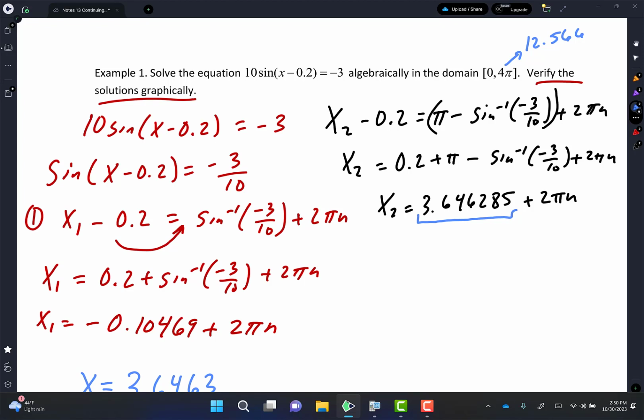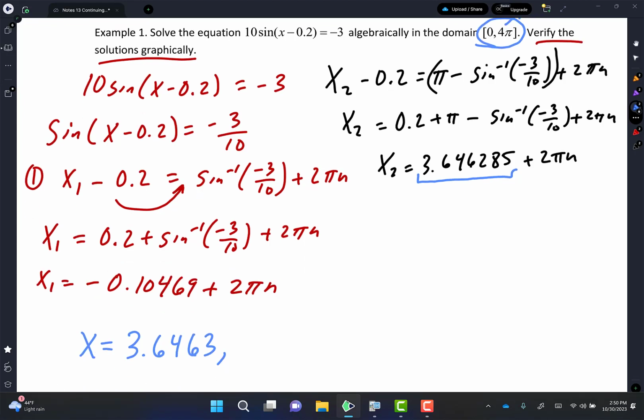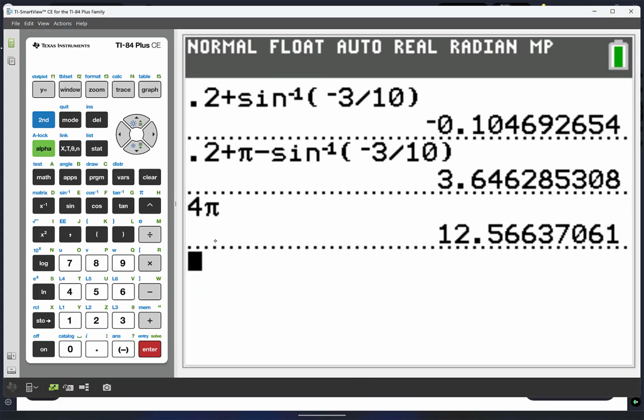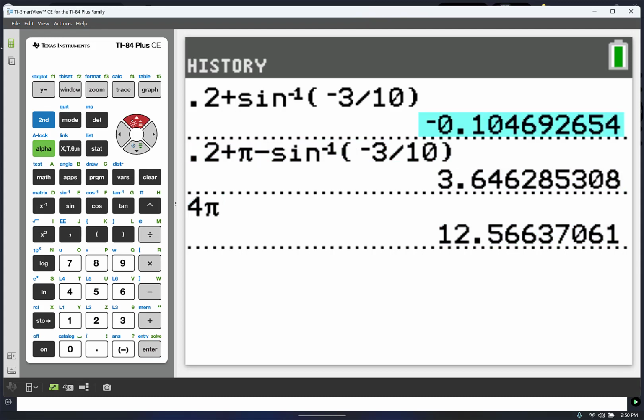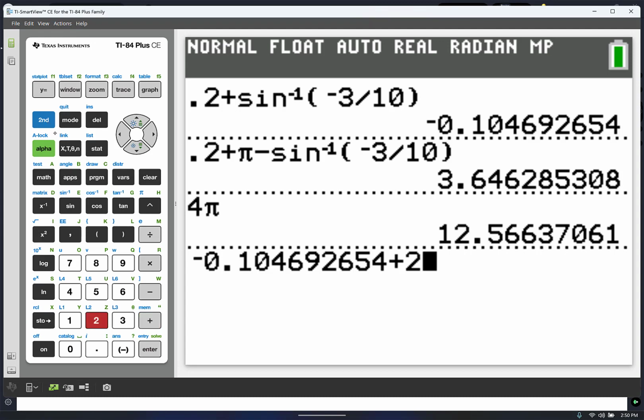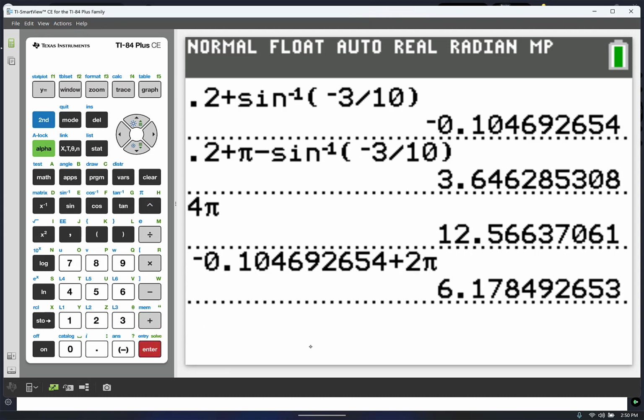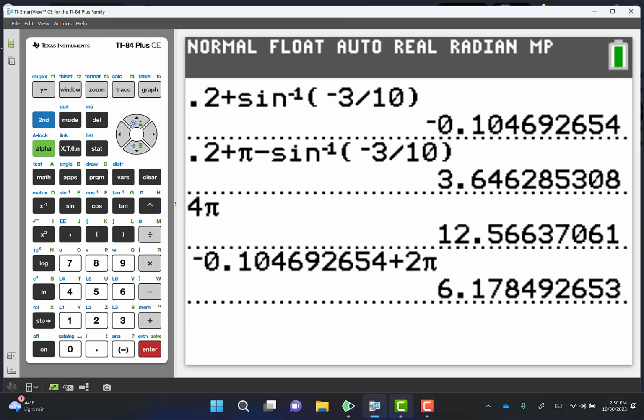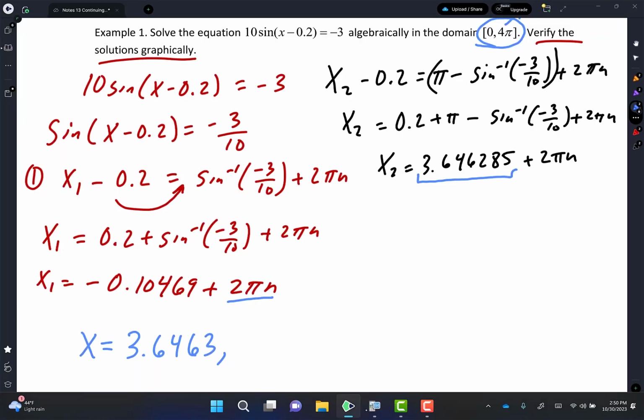This means I want all the numbers between 0 and 4 pi, between 0 and 12.566. So that's why I didn't include the negative in my answer choice. I'm going to add 2 pi to it. So here we go. I scroll up to the negative, and I add 2 pi. I push enter, and there it is, 6.1785. Then I go back to 3.6463, and I add 2 pi to that.